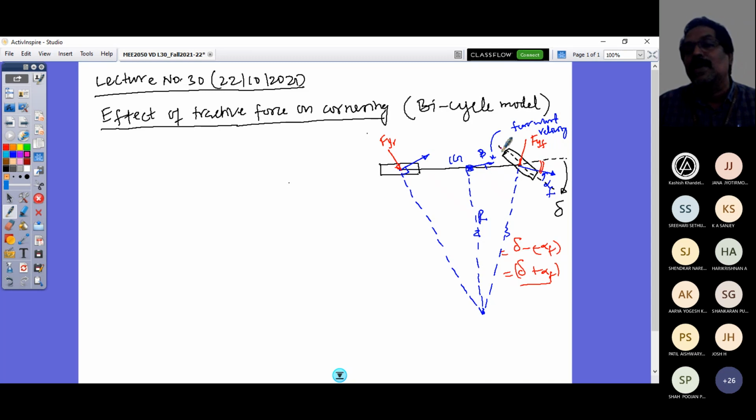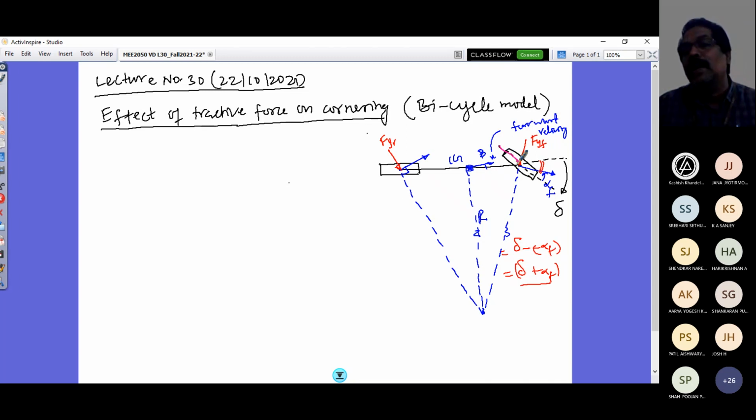So this is the force here in the front, and that is Fx F. Look at the subscript X, F. And similarly here, I will have along this Fx R. The subscript R refers to the drive force at the rear axle. So if I have both Fxf as well as Fxr, that refers to what? All wheel drive. All wheels drive.